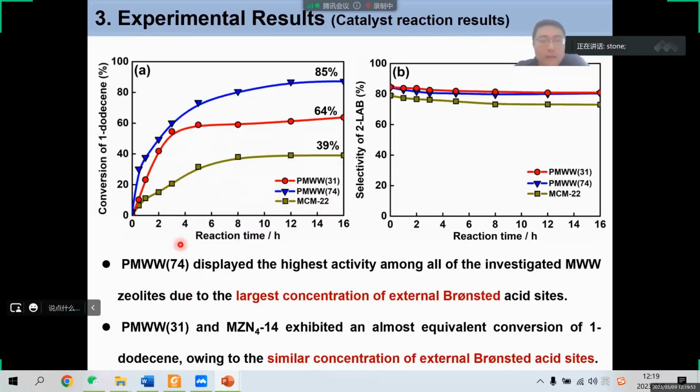Here, the repeated MWW zeolite 74 displayed the highest activity among all of these investigated MWW zeolites because it had the highest concentration of external Bronsted acid sites. All of these MWW zeolites exhibit comparable selectivity towards 2-LOB because of the special topology of the MWW zeolite discussed above.